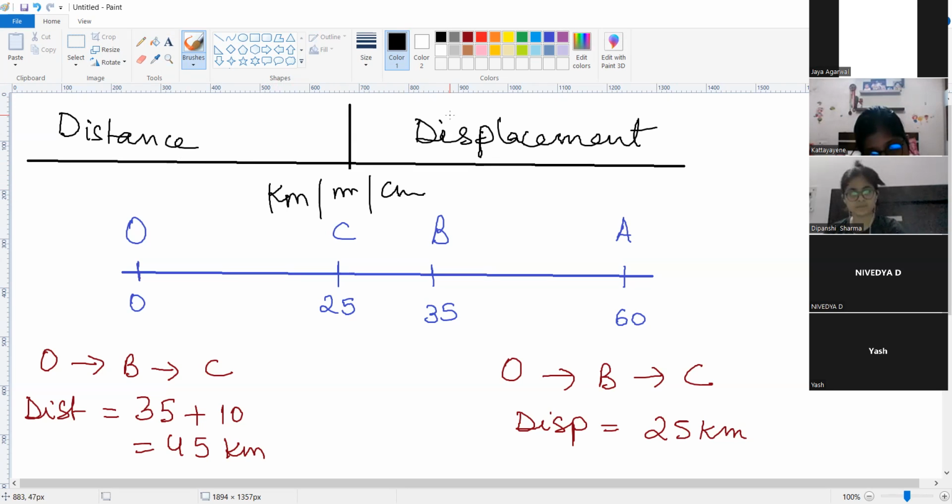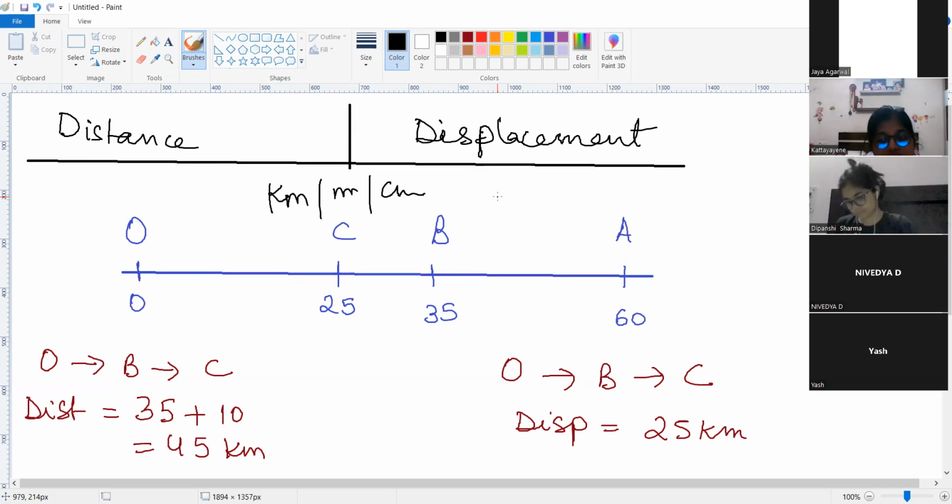Am I clear? Okay. Now, not the difference. Okay, that's all about distance and displacement. Only there are 2 points of differences which I've already told you. That is it. Distance, displacement done. Let's move on to the next part.